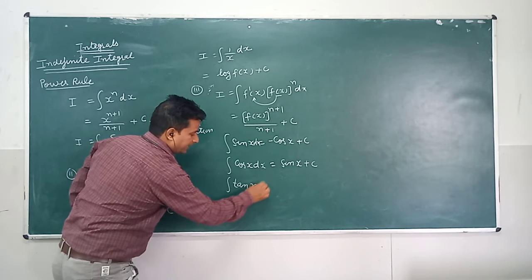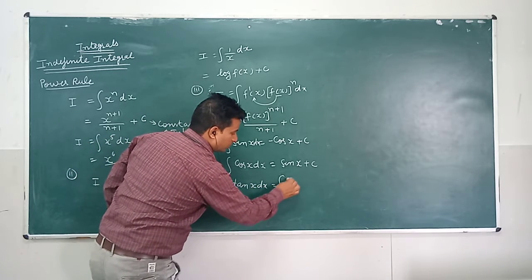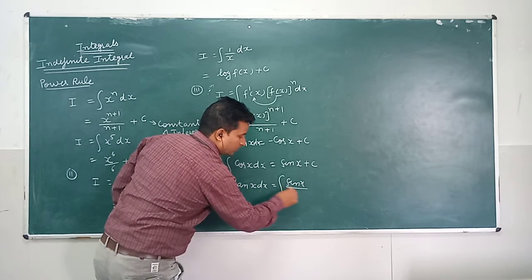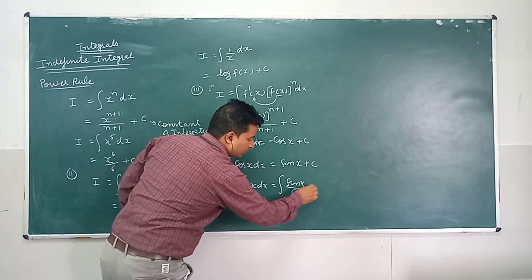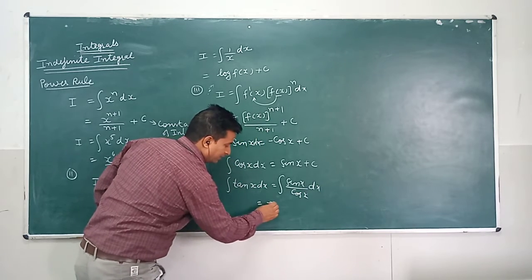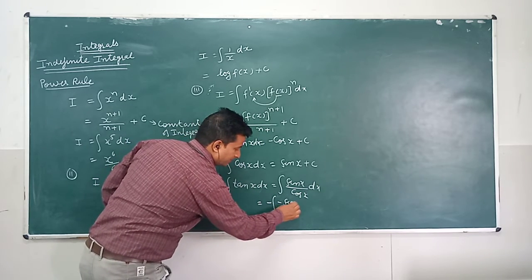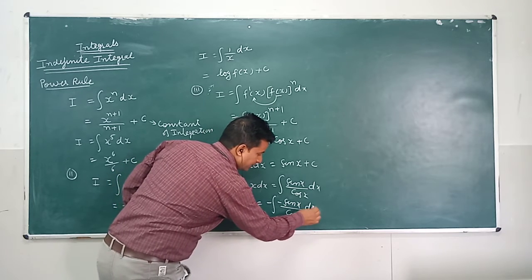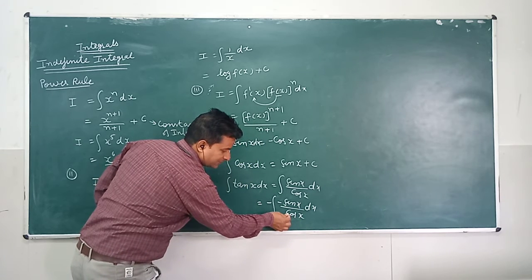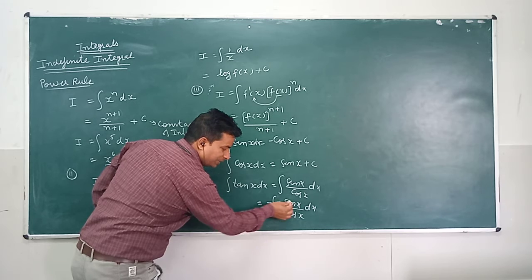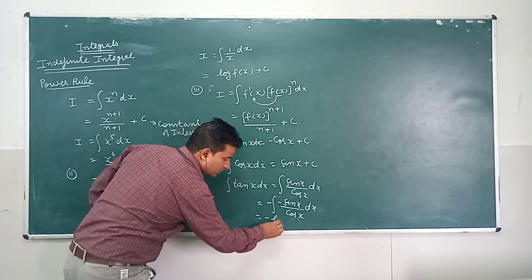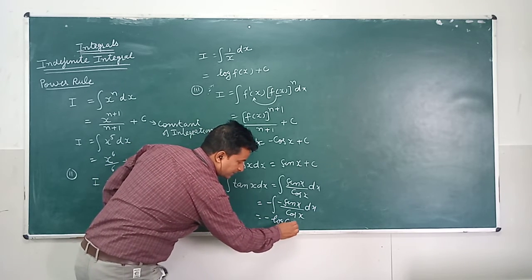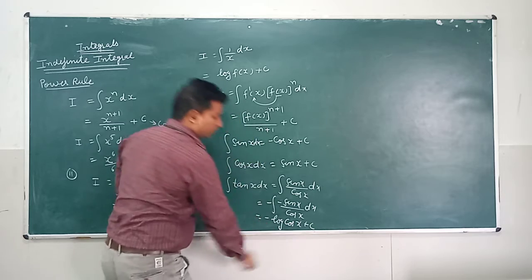Integration of tan x. As we know, tan x is sin x upon cos x. So when we multiply and divide by minus 1, cos x is the function in the denominator, and its derivative is minus sin x. So its integration is minus log of cos x.